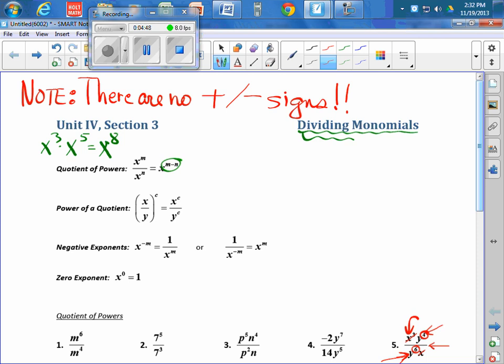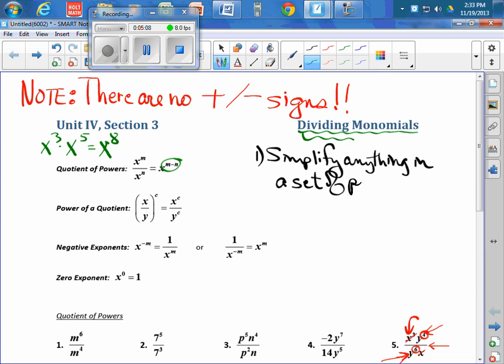The first thing you're always going to do, and let's write this down, number 1, always simplify anything that's in a set of parentheses. Sound familiar? Kind of like order of operations, isn't it?